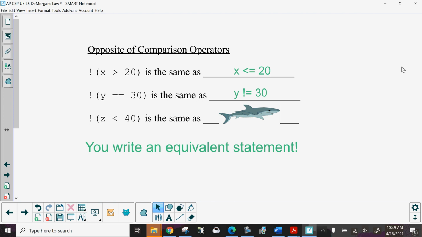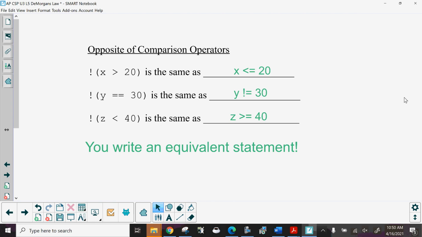Sure, that would work too. But when we're talking about opposite of comparison operators, you want to write it with a single statement. So y does not equal 30 is the same thing as the single statement, not y equals 30. What about not z less than 40? Well, if z is not less than 40, then it must be greater than or equal to 40. Boom.